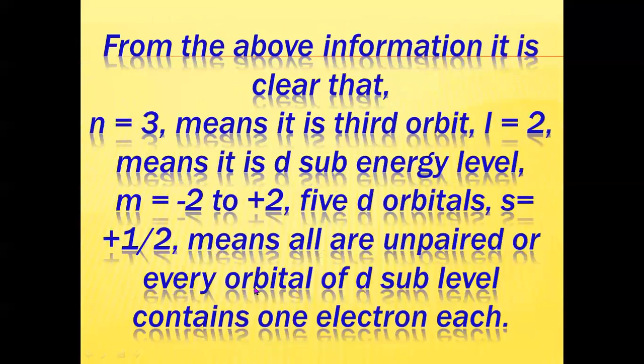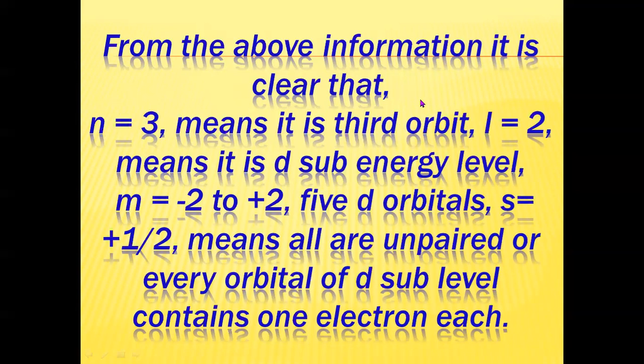Now you can have information from above as follows. Because the value of n is 3, it means the electron belongs to the third orbit or third main energy level.